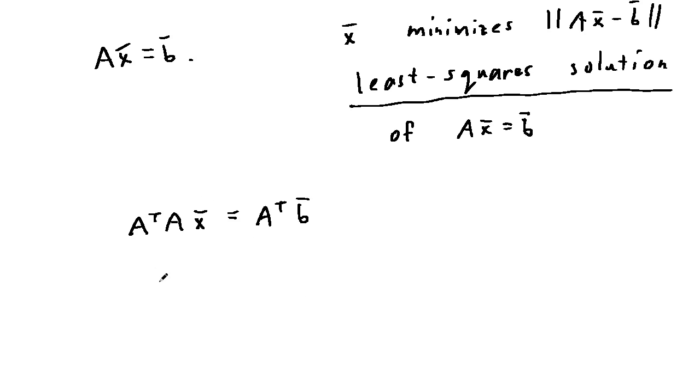Now, the matrix equation here gives a system of equations, and the equations are called the normal equations for Ax equals b.